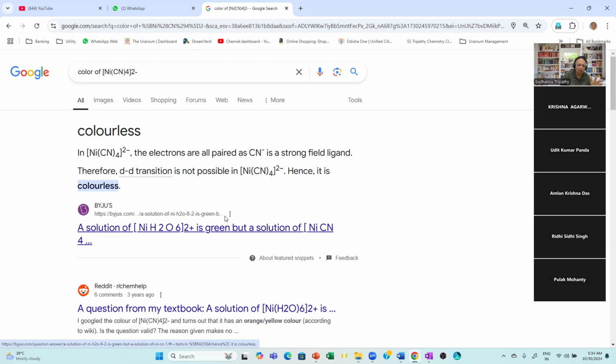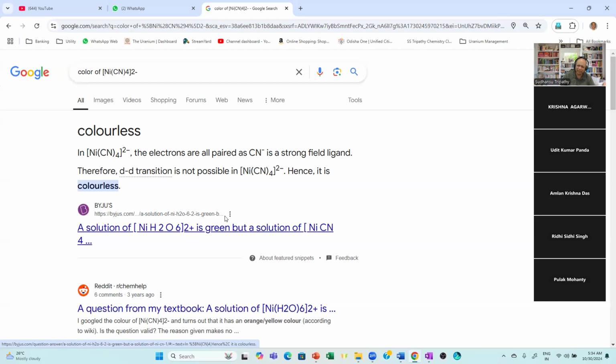But it's untrue. This answer is unacceptable because a square planar complex lacks Laporte allowedness, because the octahedral and square planar complexes have g symmetry, so the d-d transition is forbidden, but partial breakdown occurs for some reasons.